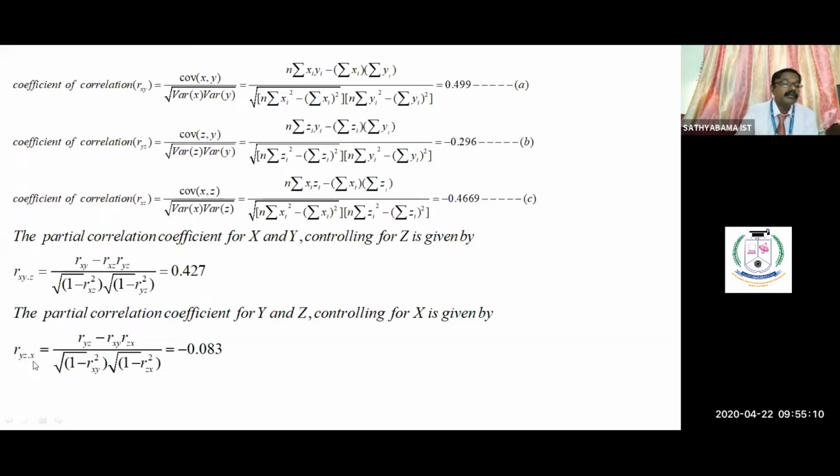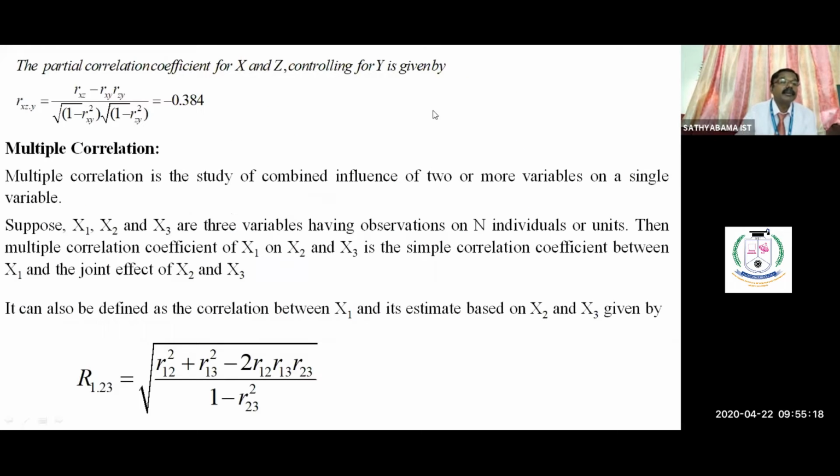Here you remove the effect of x. The next one, you have to remove the effect of y. That is the next slide. On simplification, we get the value minus 0.384.